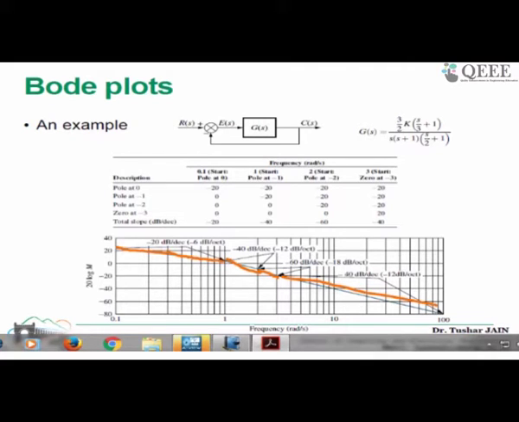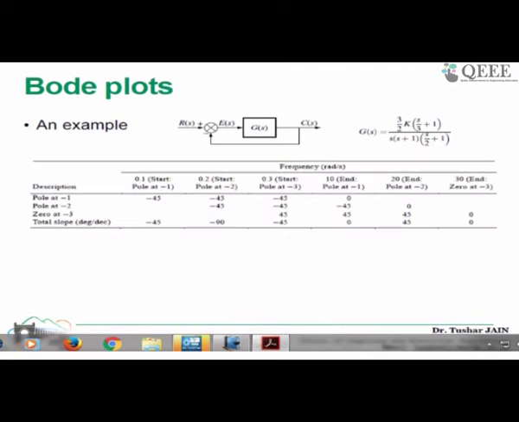The procedure for plotting the phase response is a bit different. So what do we do here? Again, we write the poles, and these are the breakaway points, like I said. But I know that a pole at S contributes -90 degrees, so there is no point to write it here. We start with those locations which are other than zeros: -1, -2, and this is basically the 0.